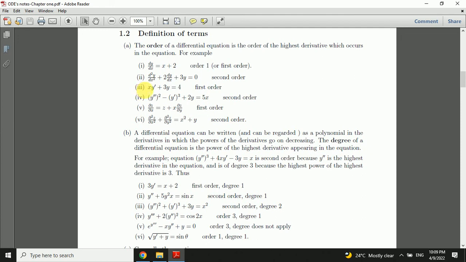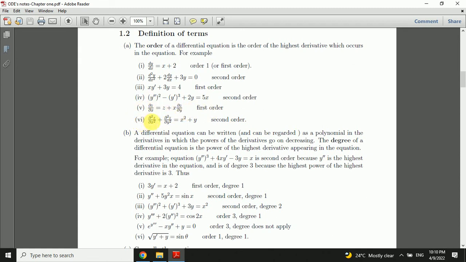In the third one, we are saying that this is the first order. I think now you can be able to tell the reason why. In the fourth one, it is a second order because you have y prime prime. As I told you, y prime means dy dx. Y prime prime means d squared y over dx squared. So this is the second order. The fifth one is the first order.